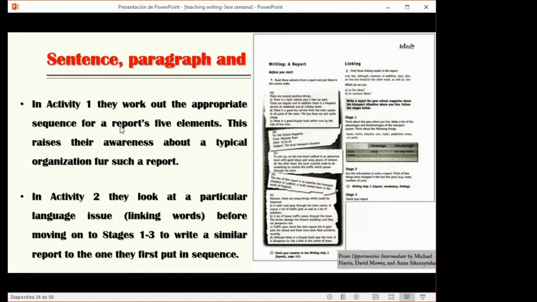Notice here. In activity 1, they work out the appropriate sequence for a report's 5 elements. So here it says read these abstracts from a report. Notice here you have these abstracts for the report and put them in the correct order. So they are going to organize. So it means that they are going to be aware of a typical organization for a report.